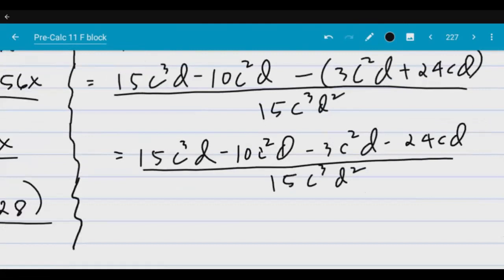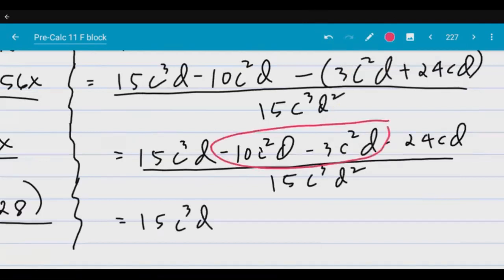And I think we can look at like terms. This is the only one that has c cubed d. It doesn't go with any. However, these two both have c squared d, so they are like terms. So 15c cubed d stays the same, while these two would be put together.